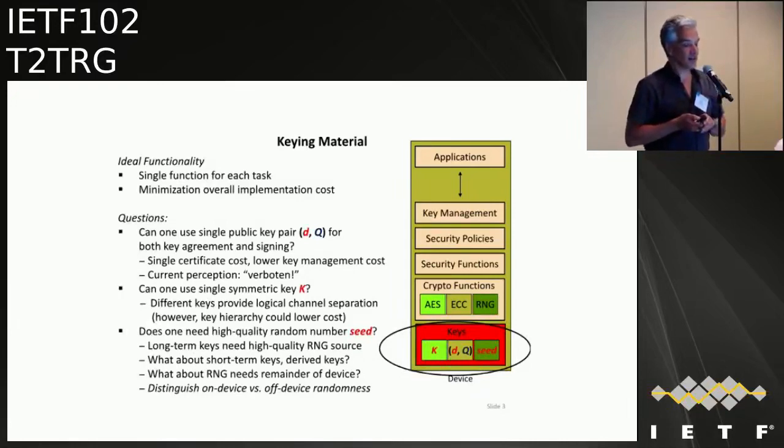Then the second type of red items is the symmetric key material. Can we use one single symmetric key? It could be that the answer is yes to that question, but generally it's really good to have some logical channel separation, and that's what symmetric keys do. But it is possible, also well known, how to make a tree of keys or a key hierarchy.